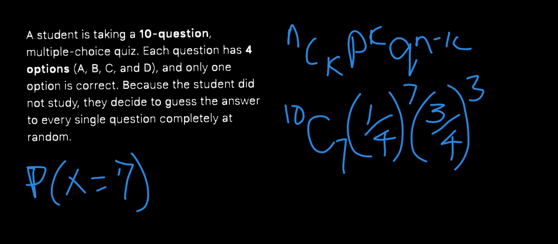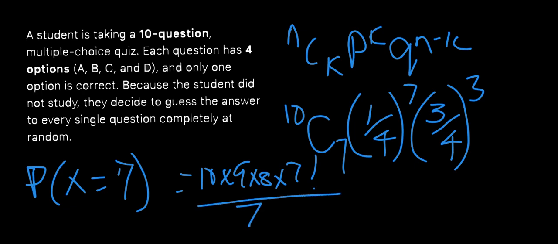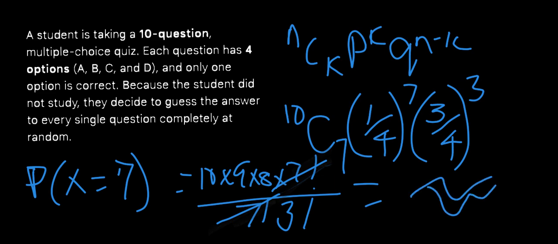Now we know 10 choose 7 is 10 times 9 times 8 times 7 factorial over 7 factorial. The 7 factorial cancels, and you just compute your values for everything here and you get your answer.